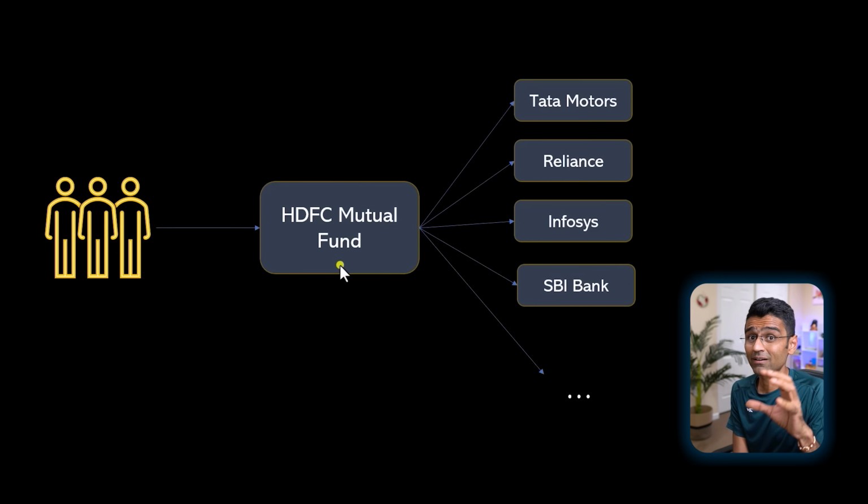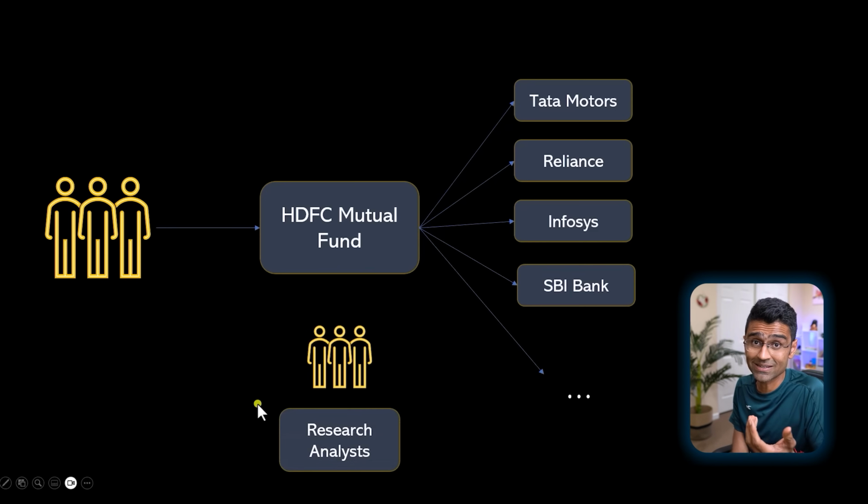Now they need to pick the right stocks, for which they might have a team of research analysts. The job of this team is to provide research on these companies. Let's say Tata Motors, Reliance: how these companies are doing, what their profits will be next year, how their management is, is this a good stock to buy? They do all this research.